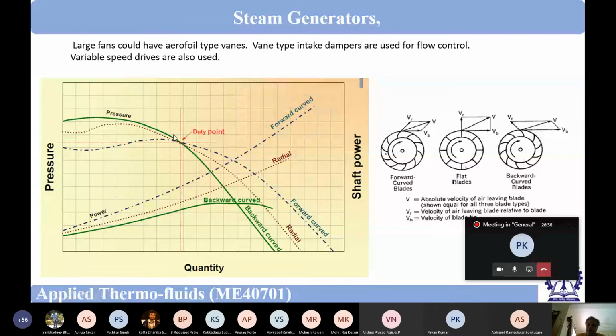That is what happens in a valve. When I close the valve, resistance increases, which means I need more delta P. I was somewhere over here, and I have to go somewhere over here. By closing the valve, I get less flow rate, but the pressure developed by the pump increases.